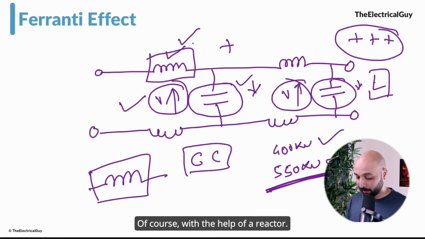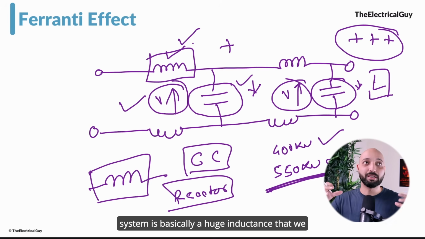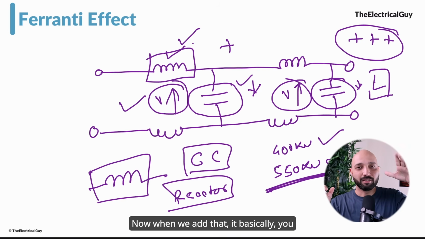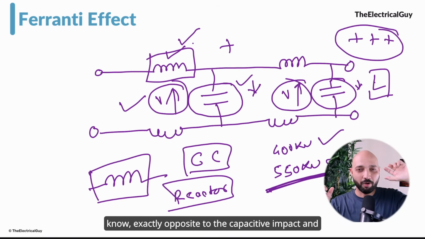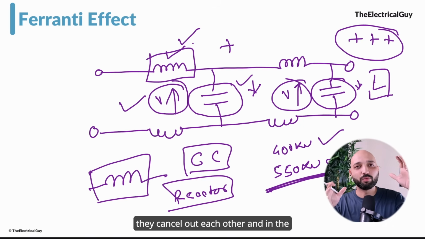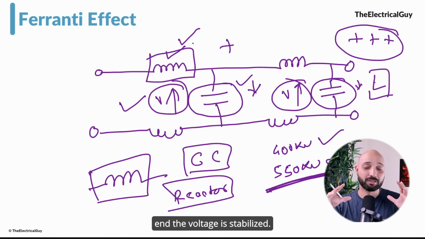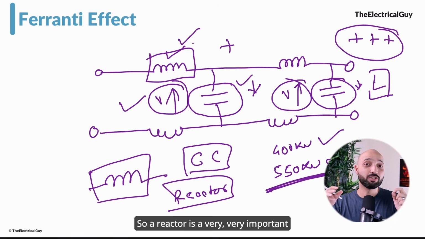Of course, with the help of a reactor. A reactor that you see in the system is basically a huge inductance that we add. When we add that, it acts exactly opposite to the capacitive impact, they cancel each other out, and in the end the voltage is stabilized. So a reactor is a very, very important component of the power system.